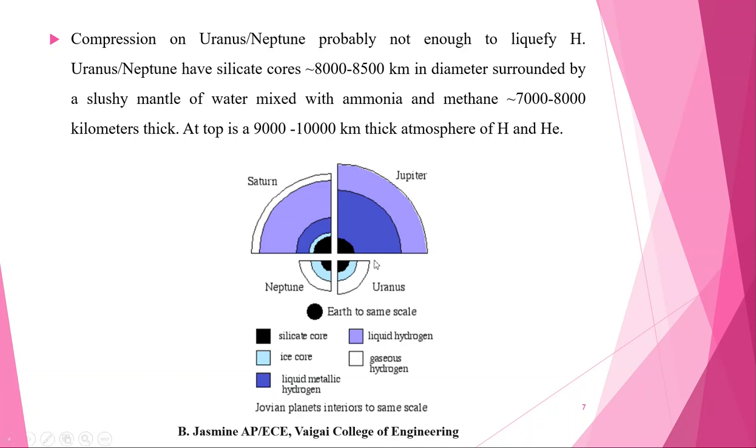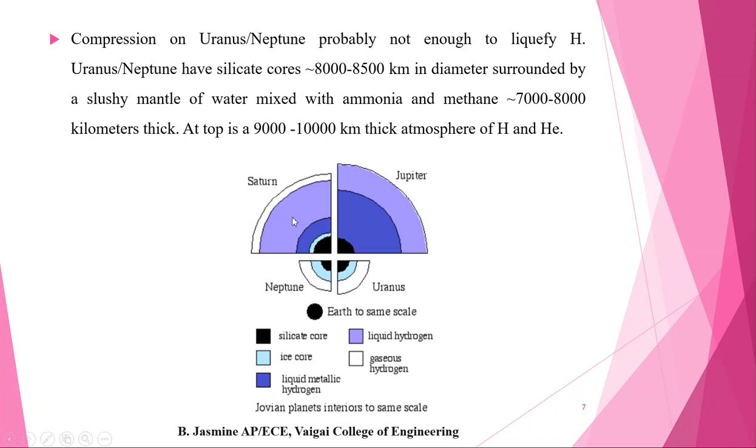And this is the comparative planetary interior for the Jovian planets. Neptune has the silicate core, then ice core, and finally gaseous hydrogen. Uranus has a silicate core, then ice core, and then highly increased gaseous hydrogen.